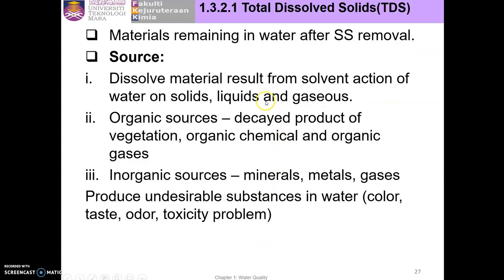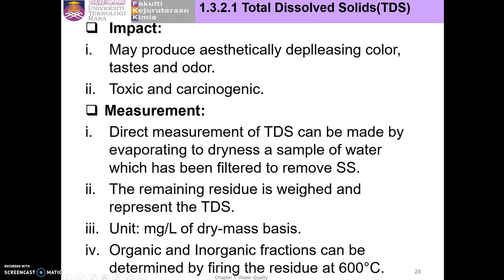The next is total dissolved solids, under chemical parameters. Total dissolved solids is the material remaining in water after suspended solids removal. The source comes from dissolved material, organic sources, and also inorganic sources.